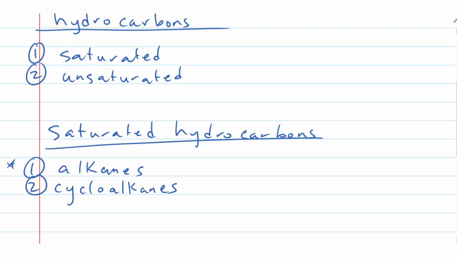The cycloalkanes would be ones that have a ring structure in them somewhere, which is what cyclo, or cyclic, stands for. But we're not going to be dealing with cycloalkanes in this class.